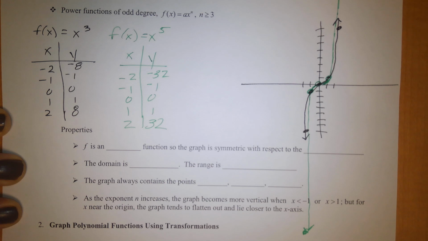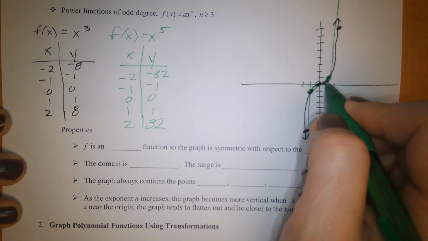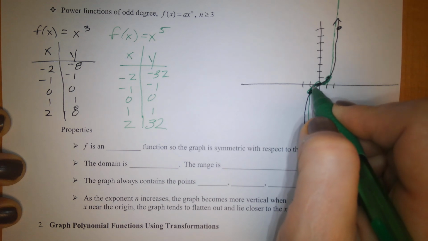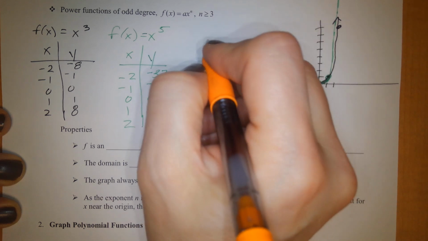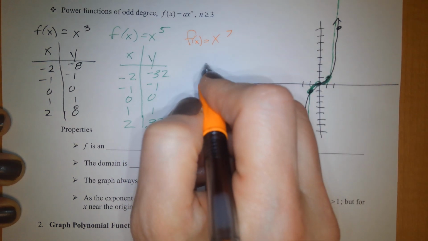like that. So you can see, just like with the even function, it becomes a little more square. It hugs the x-axis or flattens out a little bit more towards the x-axis. But it does, in fact, shoot out a lot faster and becomes more and more vertical as it goes outwards from 1 and -1. So if I did another one, which was x to the seventh, it would be even more severe.